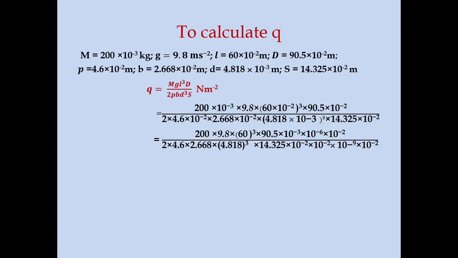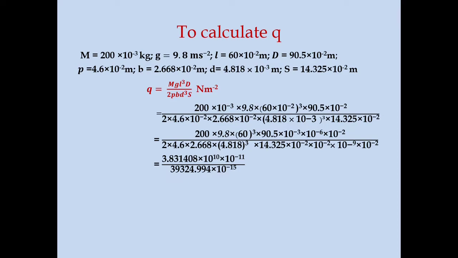The powers are clubbed here, 10 power minus 2, 10 power minus 2, 10 power minus 9 and 10 power minus 2. In the next step, all the numbers are multiplied. When you multiply all the numbers, we get 3.831408 into 10 power 10.